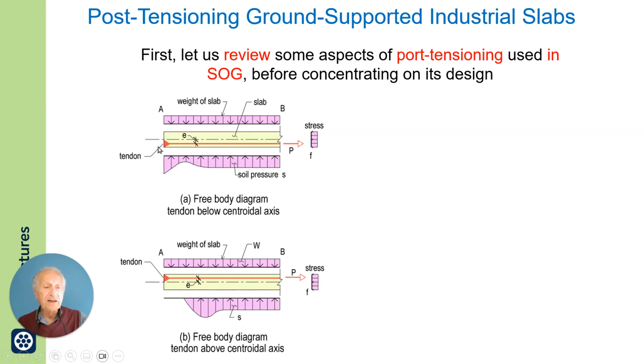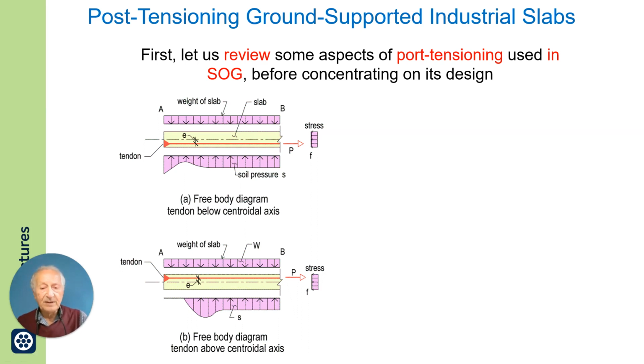In this case, if the tendon is below or above the neutral axis, there will be an initial short distance over which the soil pressure will be adjusted such that, away from the point of application, the distribution will be uniform. So for your design, assume uniform distribution.